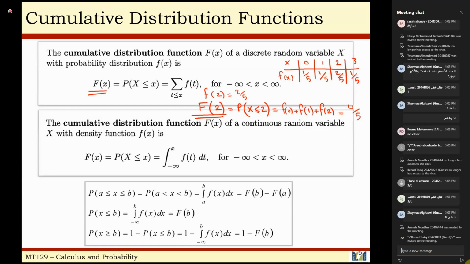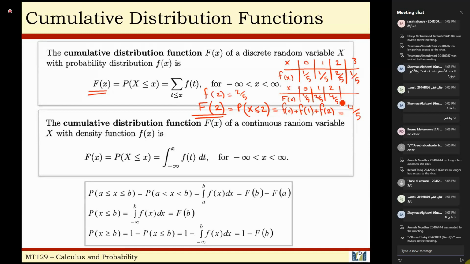If we need the table of F capital: at 0 it equals 1 over 5, at 1 it equals 1 and 0, so we have 2 over 5. At 2 it equals 4 over 5. At 3 it equals 5 over 5.